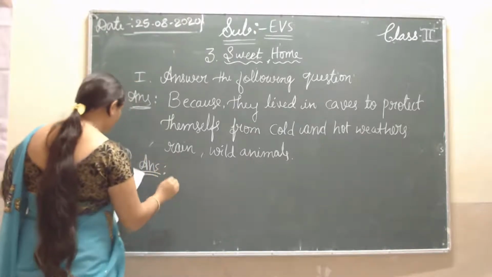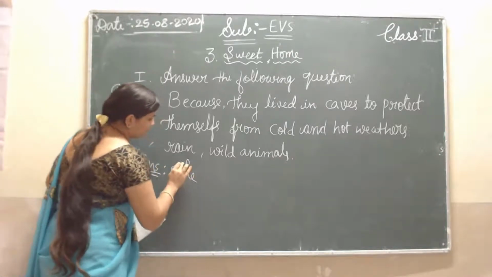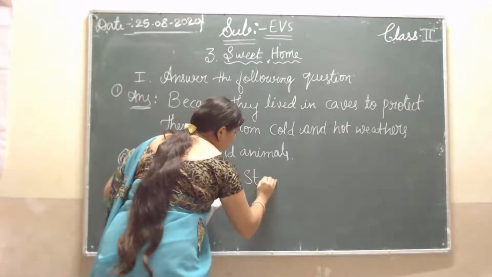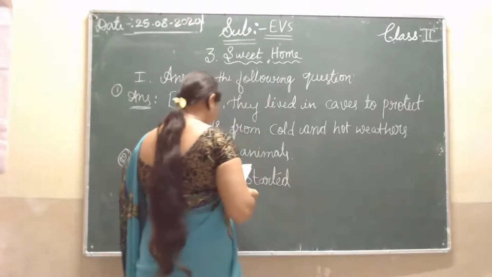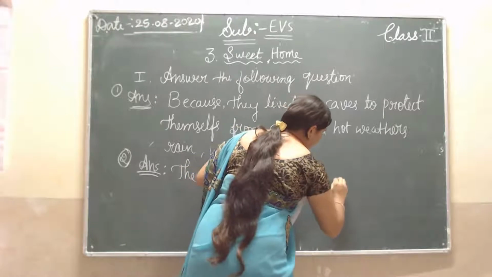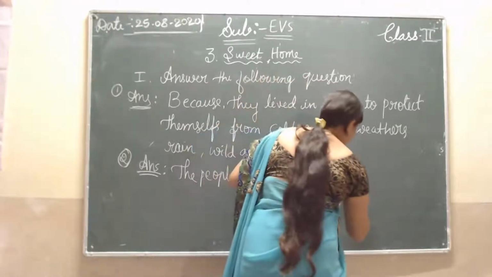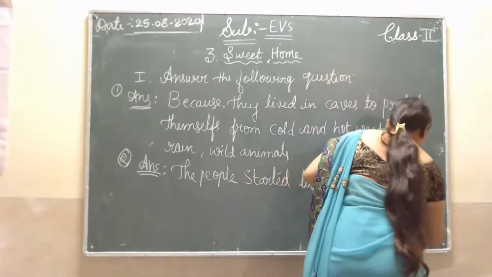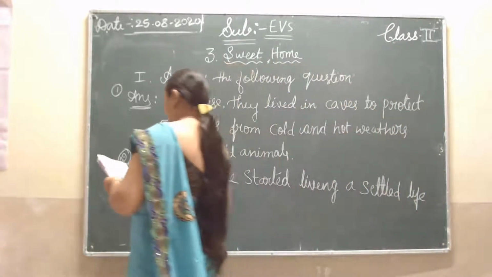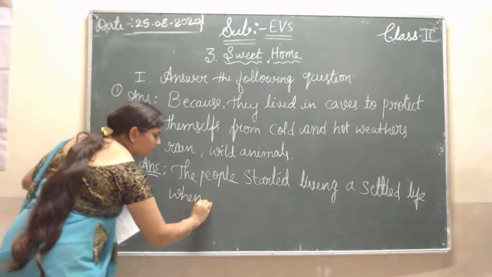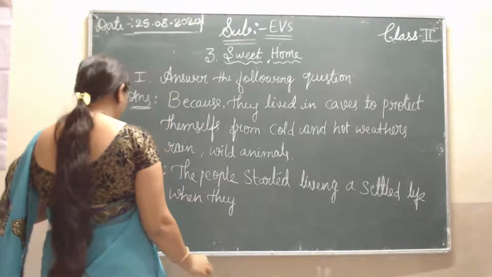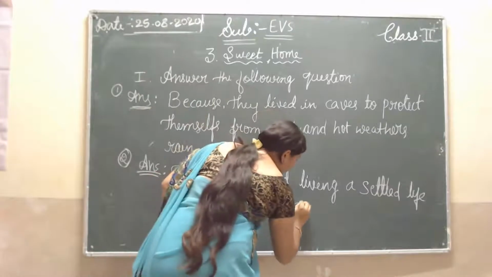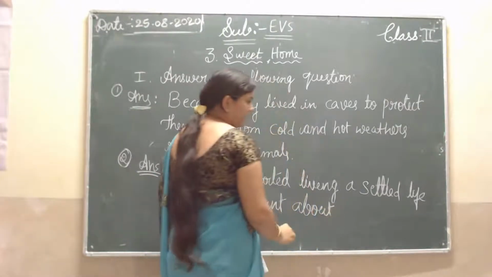The answer is that people started living a settled life when they learned about growing crops.